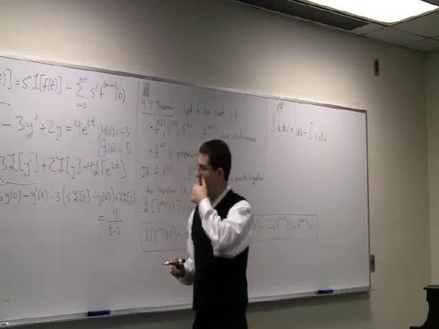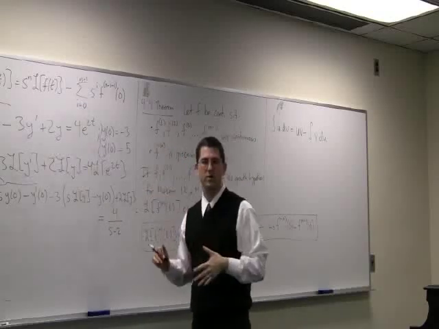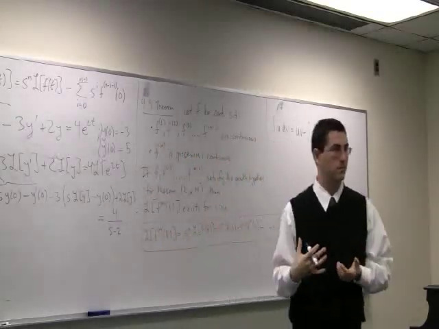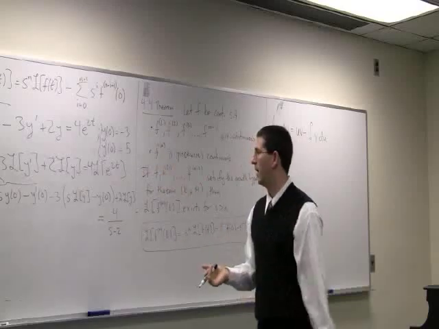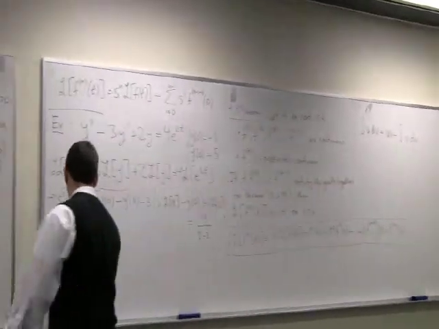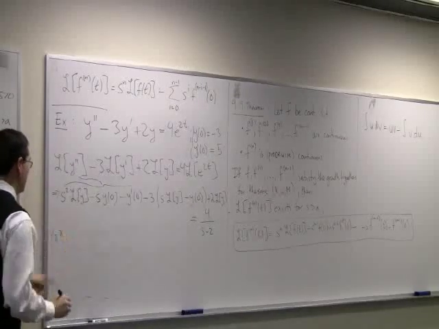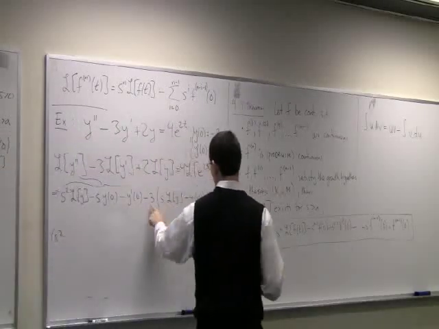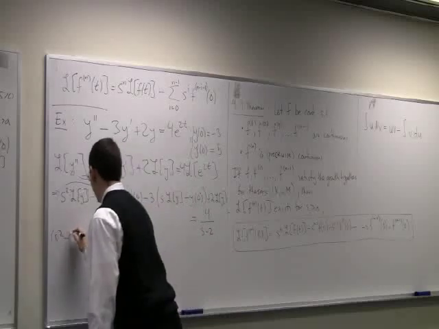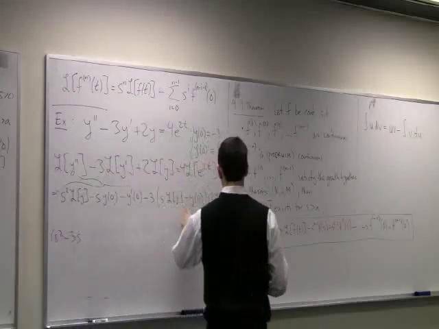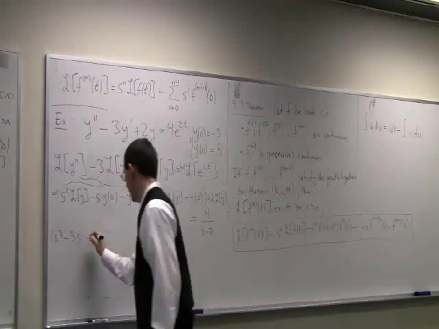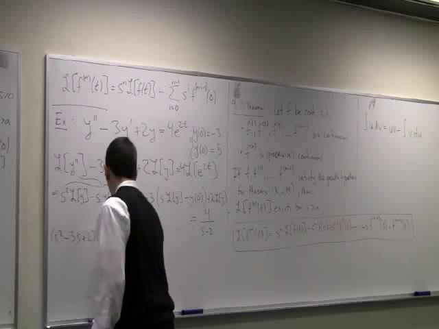Okay, so we've turned this differential equation again into an algebra problem. We just have to solve for L of y. So let's see here. I have an s squared and a minus 3s and a 2 times L of y.